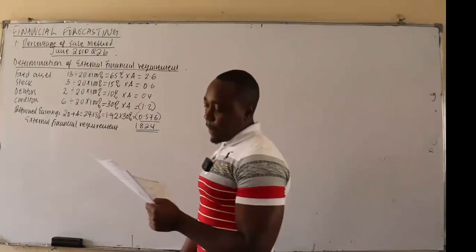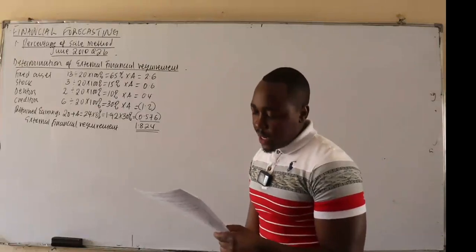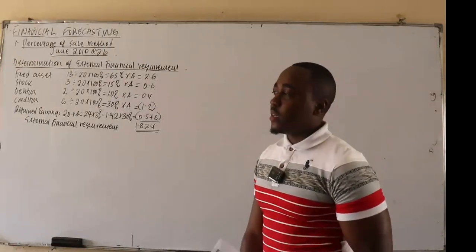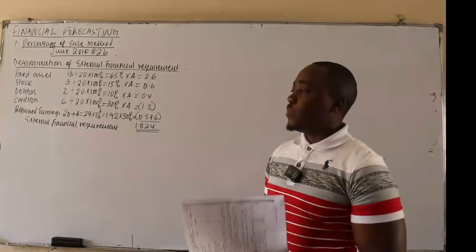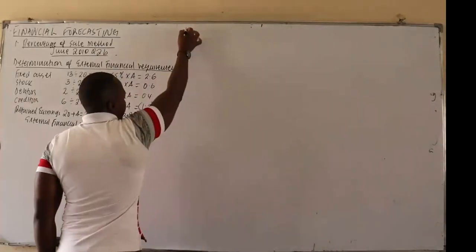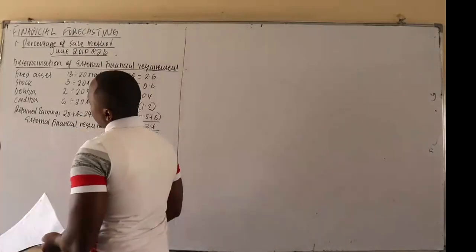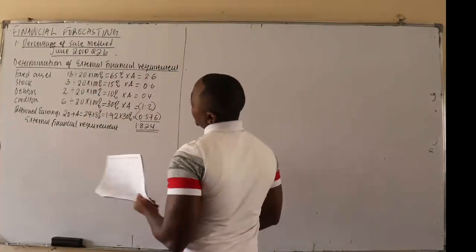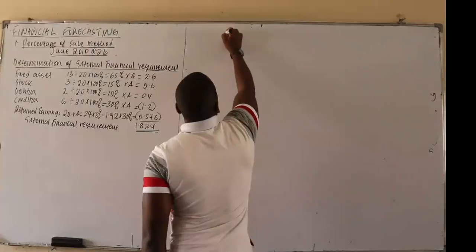Required: the amount of external financial requirement for the year ended 31st December 2010, you already have that. Number two, the pro forma statement of financial position as at 31st December 2010. Pro forma statement of financial position means the forecasted statement of financial position. So for the coming next financial year, how do we expect to determine this? How will the statement of financial position look like?